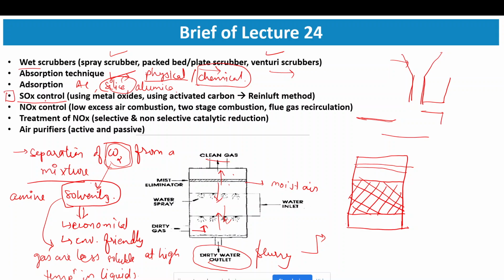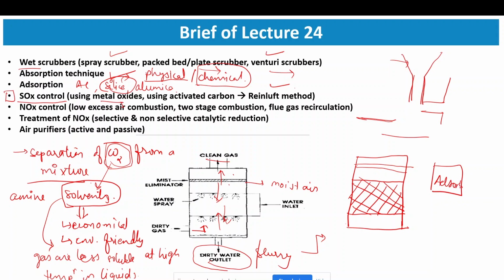You can use various metal oxides for reaction to remove SOx from air, or you can use activated carbon to adsorb the sulfur oxides. This is the most commonly used method.